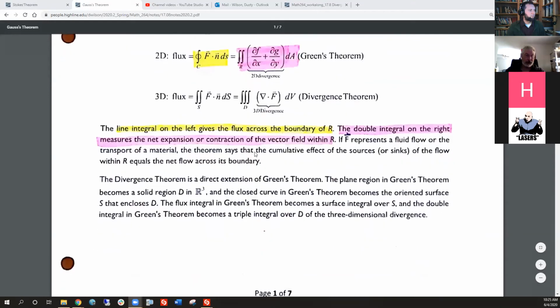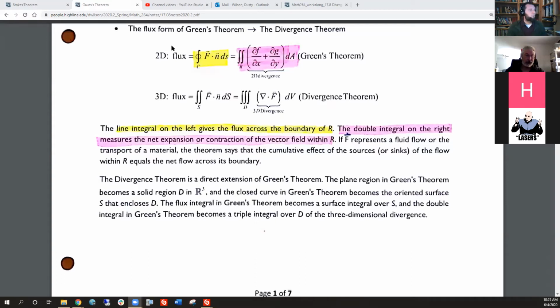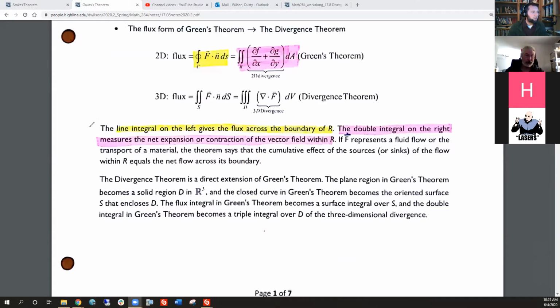All right. So let's look a little bit at the interpretation here. There's a whole bunch of stuff going on in this paragraph. This paragraph is a reference to the 2D statement up above.